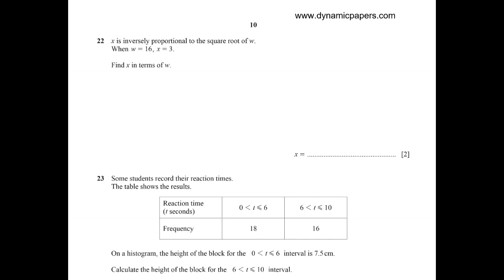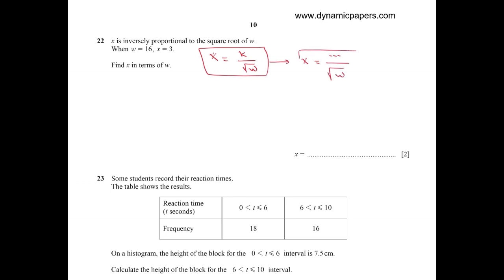Question 22. x is inversely proportional to the square root of w. x inversely proportional to the square root of w means x equals k over root w.